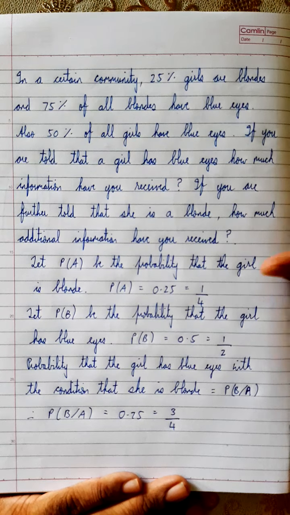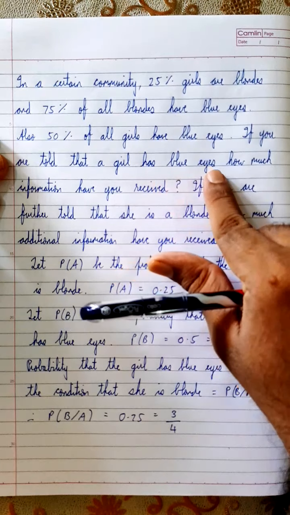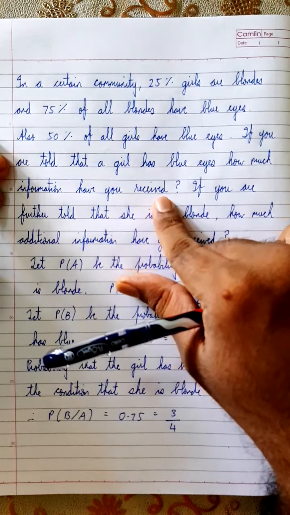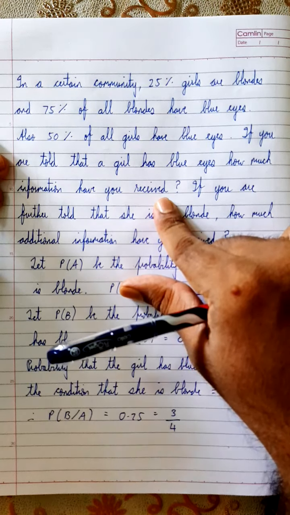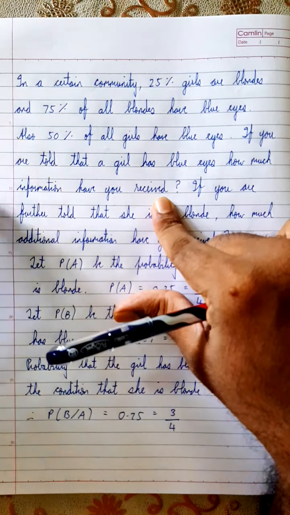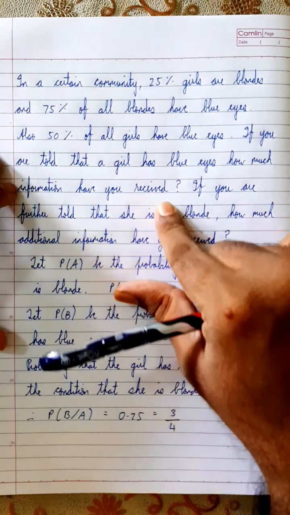Okay. Now, if you are told that a girl has blue eyes, how much information have you received? So what they are asking us to find is the information received after you know that the girl has blue eyes.